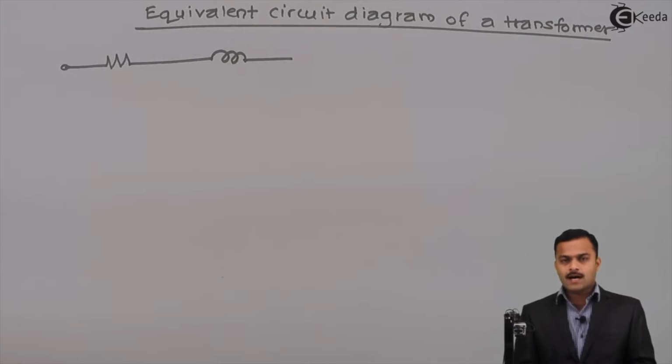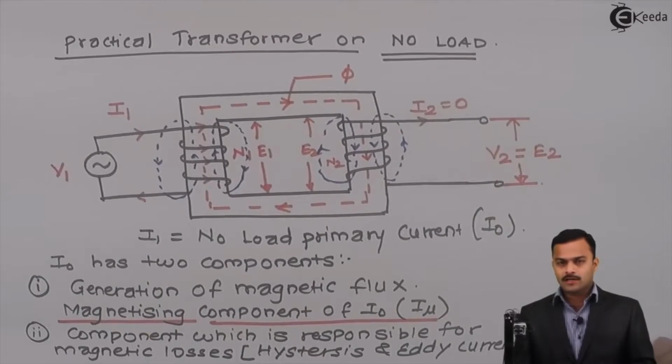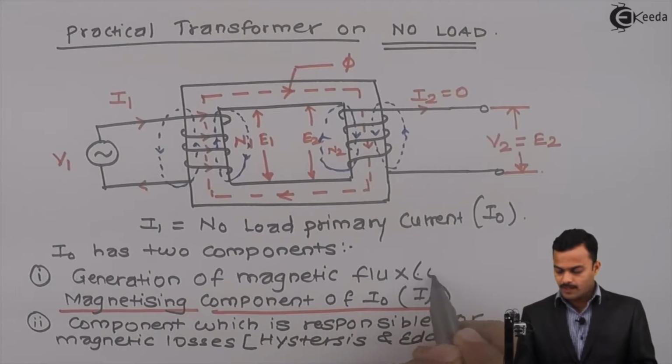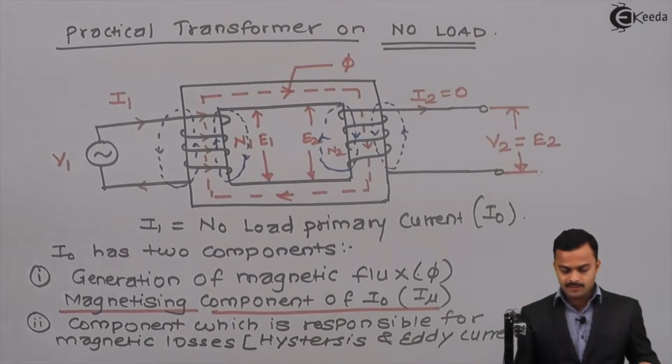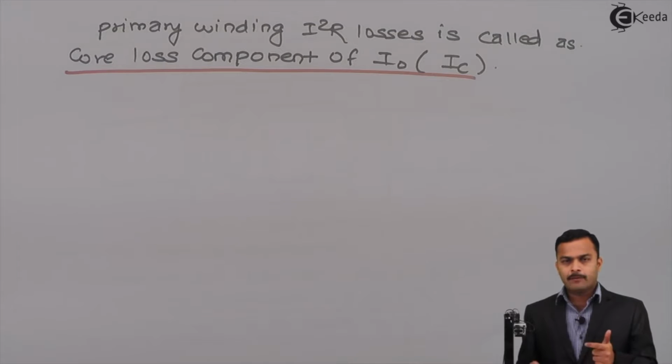And there are two components always present. One is the magnetizing component, which is responsible for production of magnetic flux phi, and the second is the core loss component, which will serve losses at no load. Even if a transformer is loaded, these two parts will always be there, because we need a magnetic flux, and because of that losses will occur.